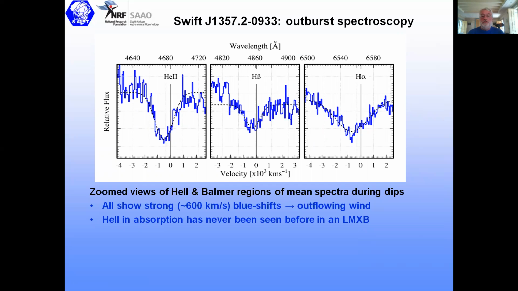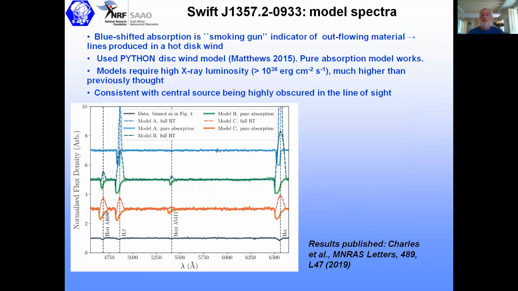Helium-2 in absorption has never been seen before in a low mass X-ray binary, which was an intriguing result that we followed up on. So in fact, we have used the fact that this blue shifted absorption is in a sense a smoking gun for the indication of outflowing material.